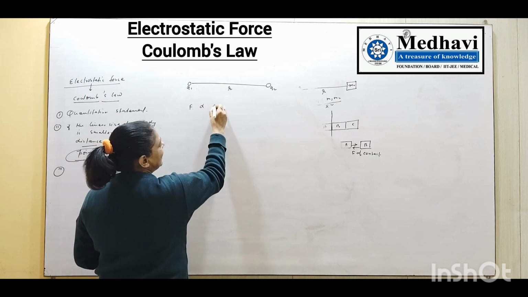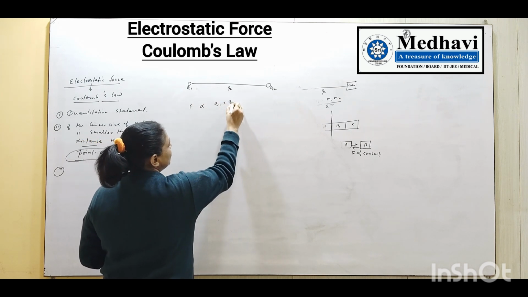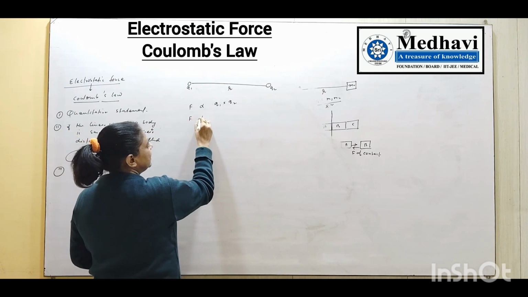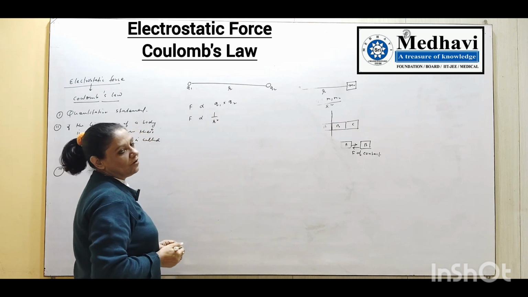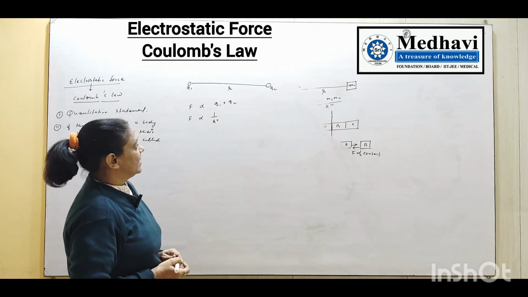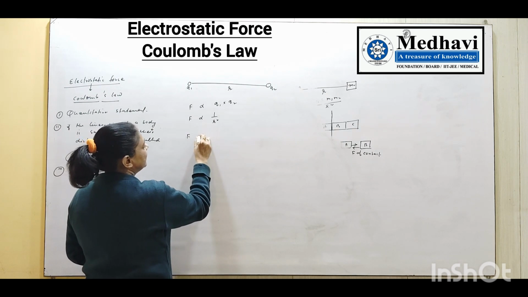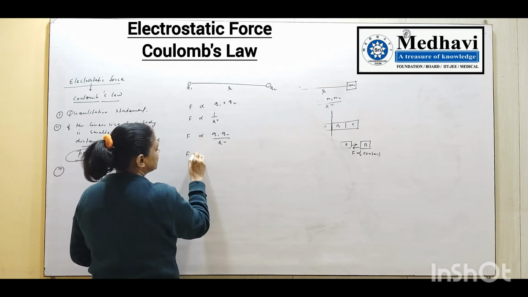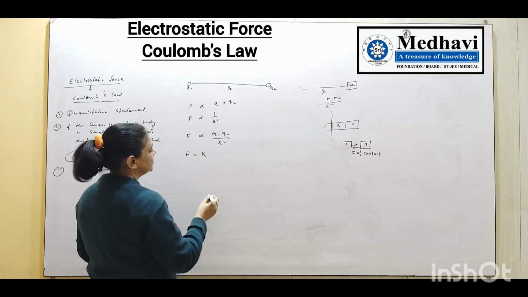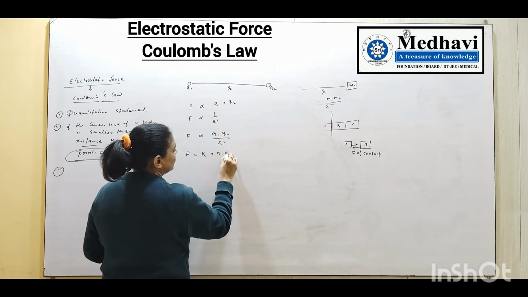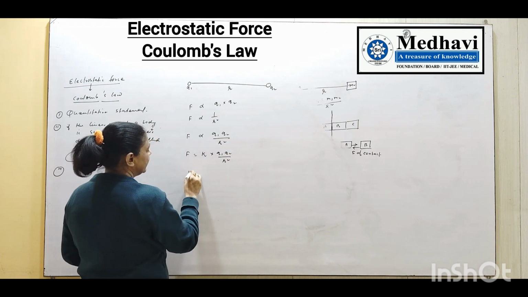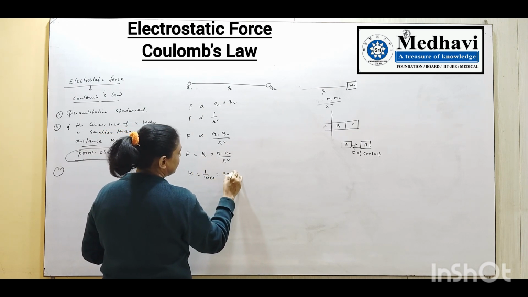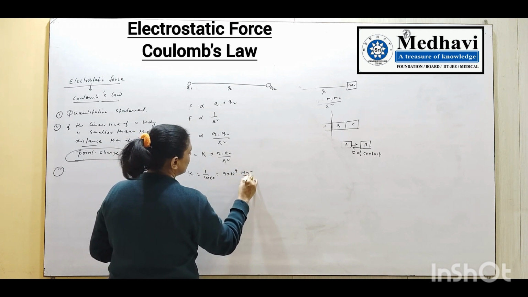That force is directly proportional to the product of magnitude of the two charges, and the force is inversely proportional to the square of the distance between the two charges. So we can say that F is proportional to Q1 Q2 by R square. Here to remove proportionality, a constant K is used. F equals K Q1 Q2 by R square. Here K is equal to 1 by 4 pi epsilon naught and its value is 9 into 10 to the power 9 Newton meter square per Coulomb square.